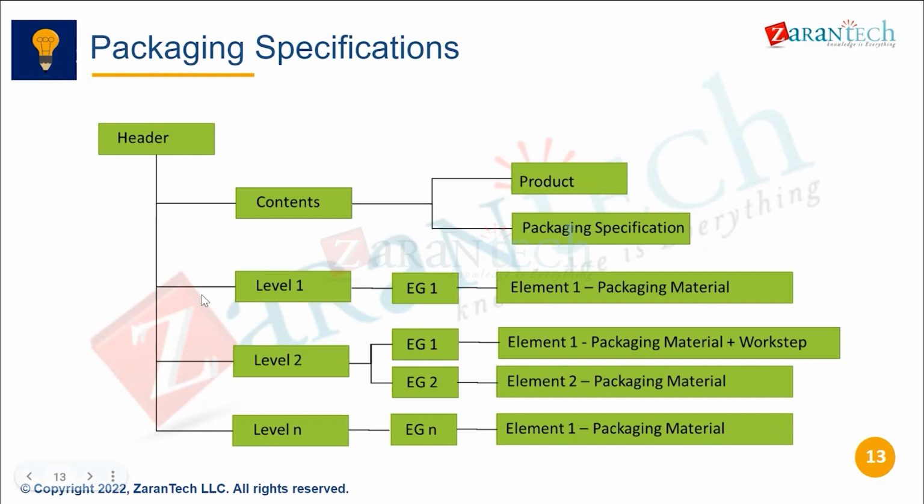So you can consider how many levels of packaging you have to do, and in which level which packaging material has to be used. In the first level some boxes have to be used, like in one carton four boxes can be put, and in one pallet only two cartons can be put. While creating the packaging specification for that product, you can maintain those packaging details and how much quantity it should be.